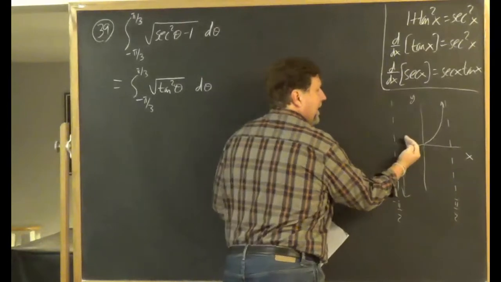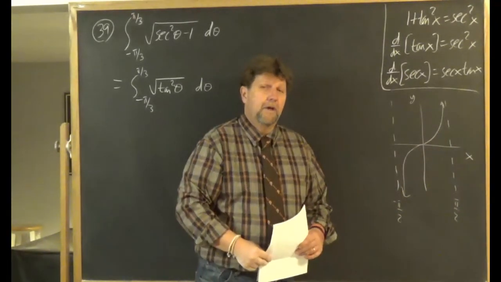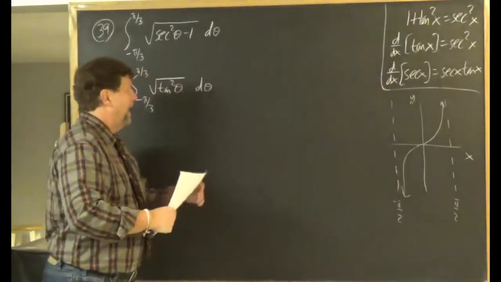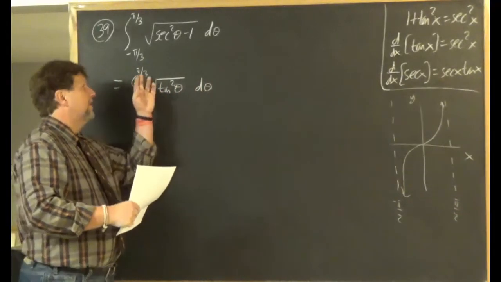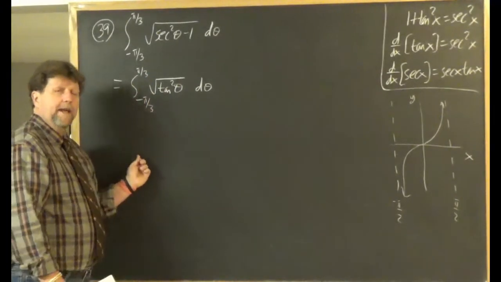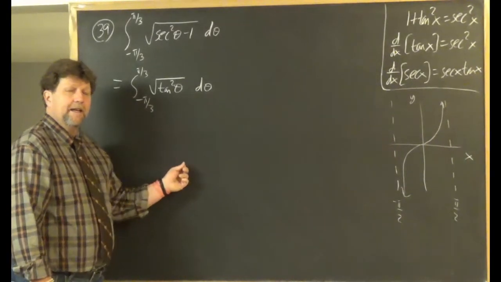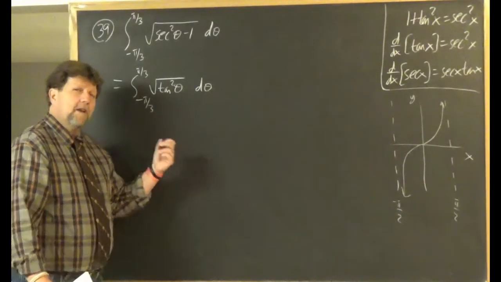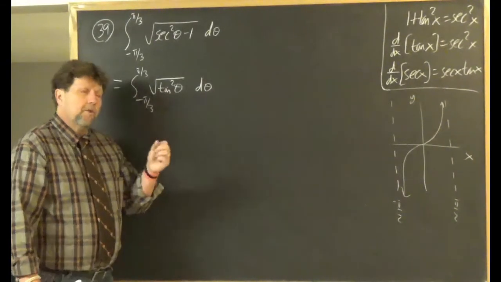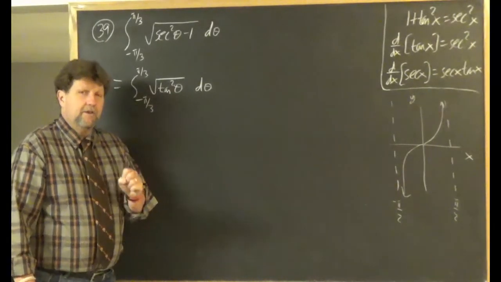So from negative pi over 3 to pi over 3, there are some negative values involved, which is why you can't say that this equals the integral negative pi over 3 to pi over 3 tangent theta d theta. That isn't correct. On that interval, the square root of tangent squared does not equal tangent theta.